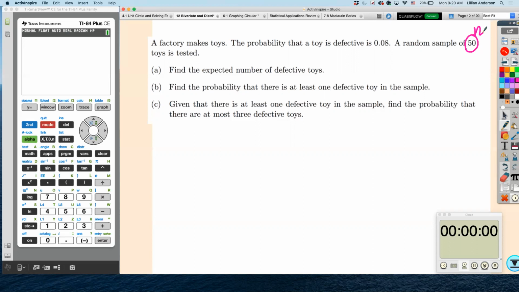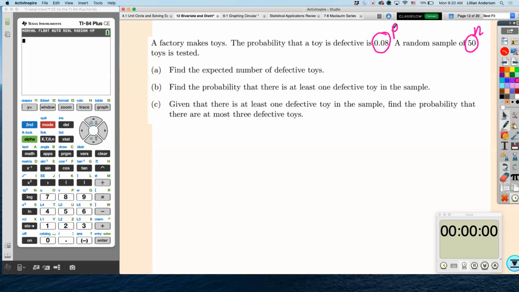Do I have a probability of success that's independent of each trial or each toy? Would it be 0.8 or is it a complement since you're asking about success? It's actually going to be just the 0.08 because the problem is asking us about the fact that the toy is defective.